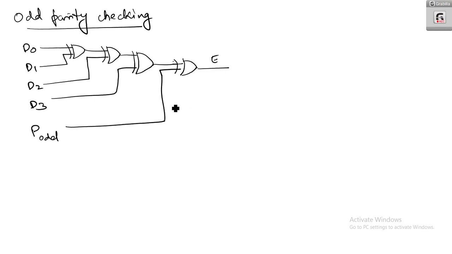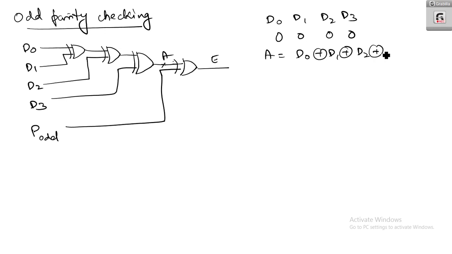Now let me check the first case, that means D0, D1, D2, D3 equal to 0, 0, 0, 0. First I will find the point A. A is D0 XOR D1 XOR D2 XOR D3.